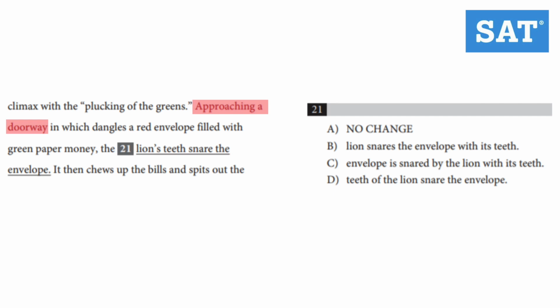So approaching a doorway, a lion snares the envelope with his teeth. Pretty good. C is out because an envelope is never approaching a doorway, and teeth of a lion are never approaching a doorway. So, yep, the answer choice is B.